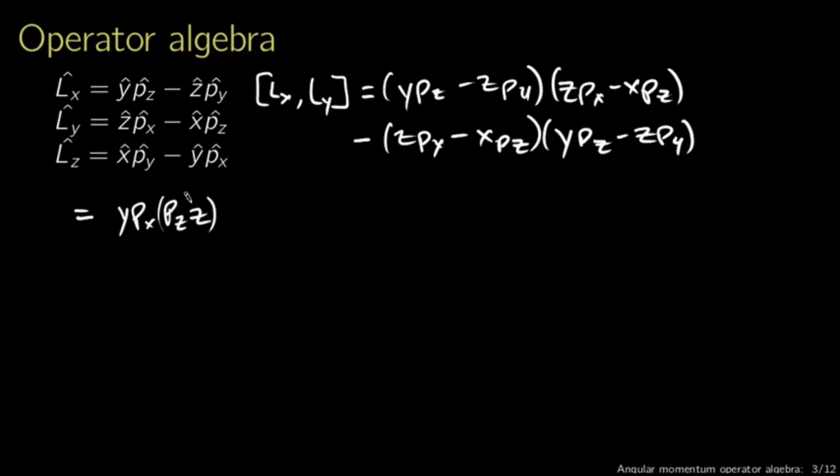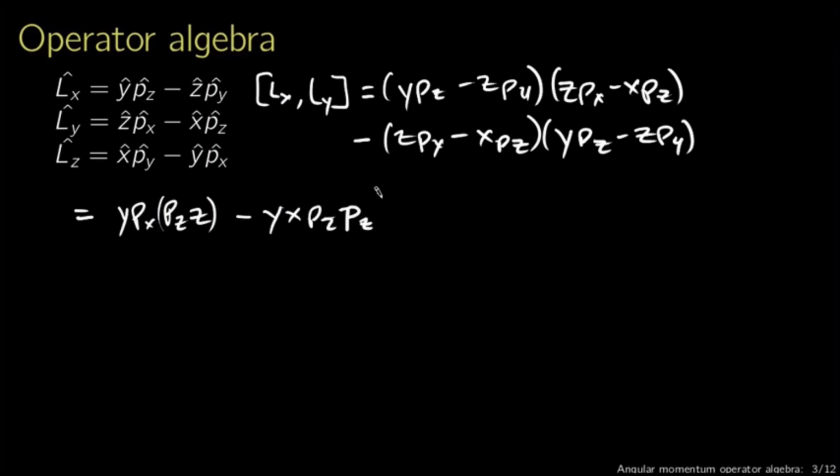And I'll put parentheses around them to signify that I have to keep them together in that order. The next term I get, multiplying across here, I have a y, a pz, an x, and a pz. So I have a pz and a pz, and pz of course commutes with itself. It doesn't even matter the order that I write pz and itself. So for this term, I'm going to get something like minus y, x, and I'll write pz, pz, just writing it down twice.